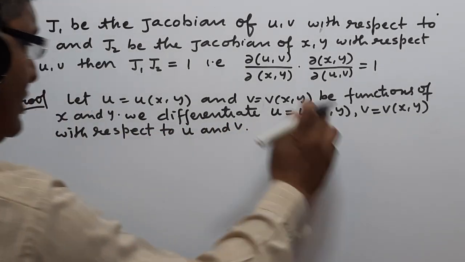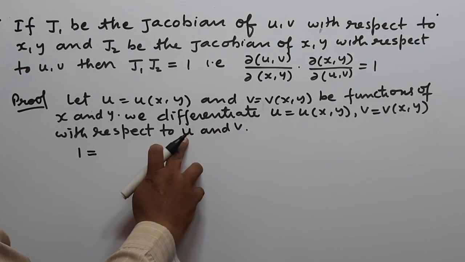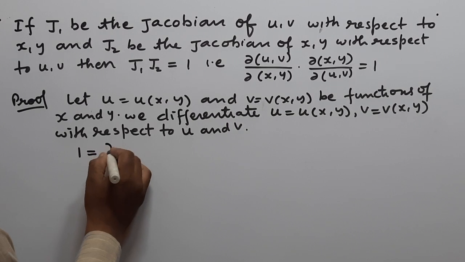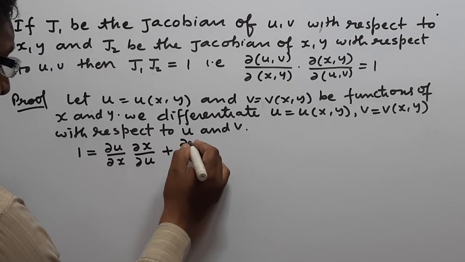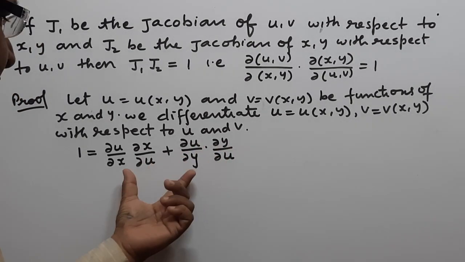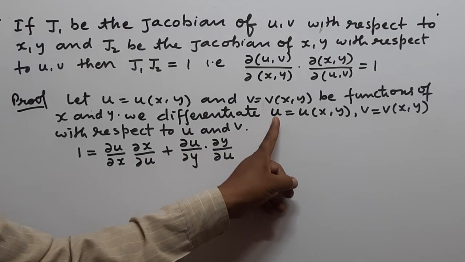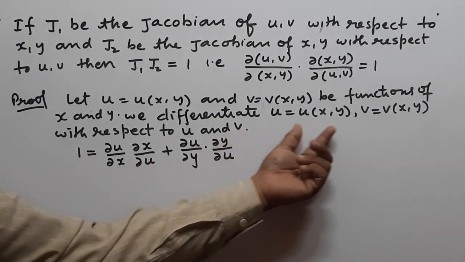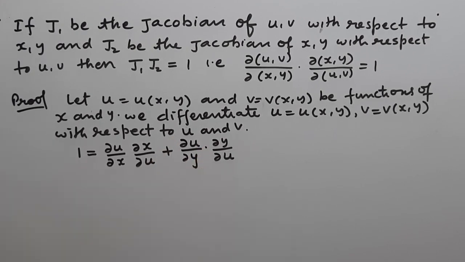So when we differentiate u is equal to u(x,y) with respect to u, we get 1 is equal to, because differentiation of u with respect to u is equal to 1, and differentiation of u(x,y) with respect to u can be written as del u upon del x multiplied by del x upon del u plus del u upon del y multiplied by del y upon del u.